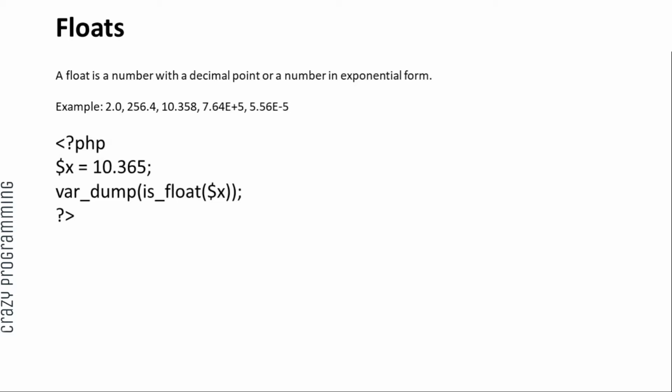Inside this I use a new function, that is is_float, which tells us whether the variable is a float or not. It will tell in boolean form. If it's a float, then it will tell true, and if it's not a float, then it will tell false.